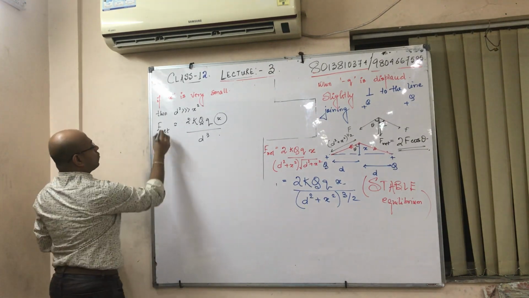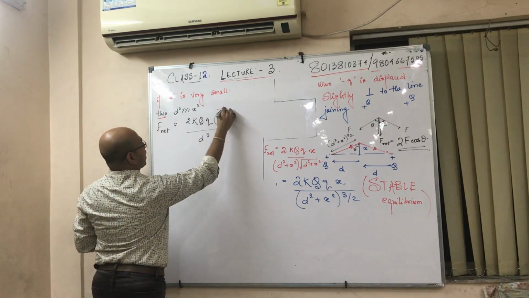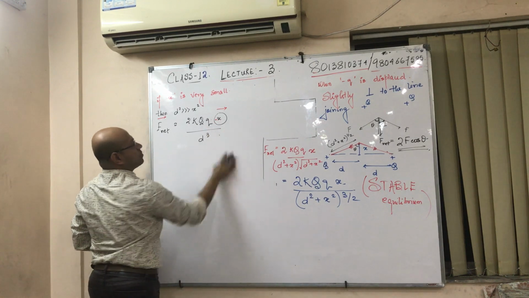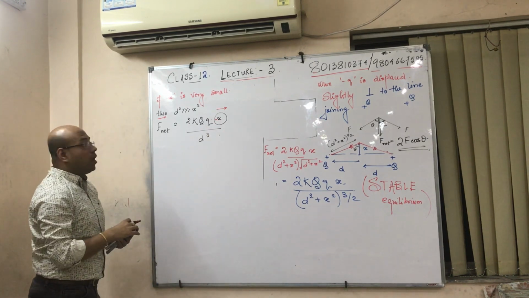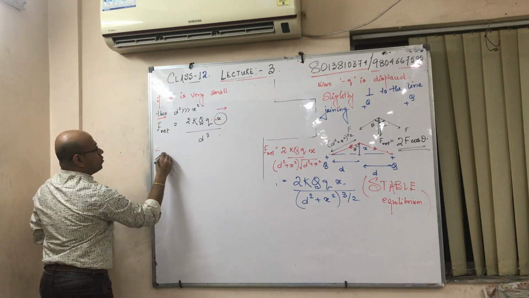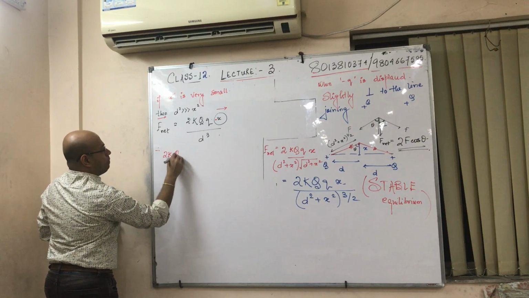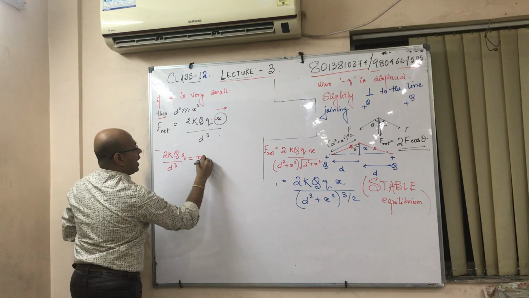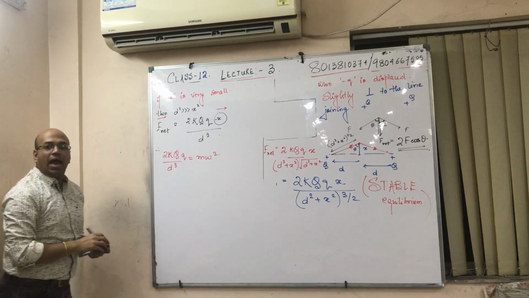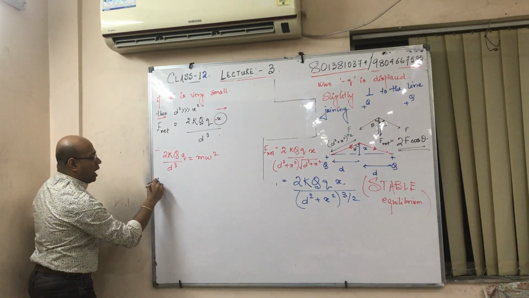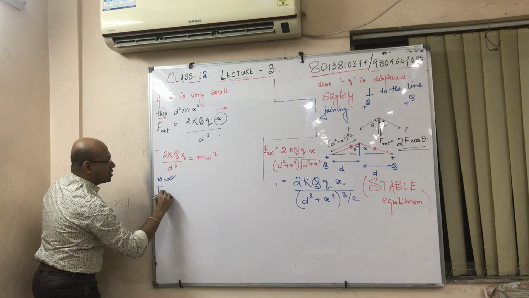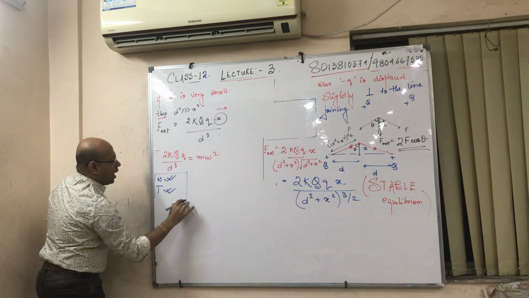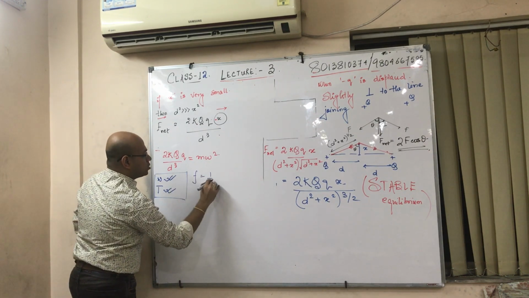Yes. So if you write it as a vector, you put a negative sign. So we know twice k big Q small q by d cube is the same as m omega square. You get omega out of it, you get the time period and you get the frequency also.